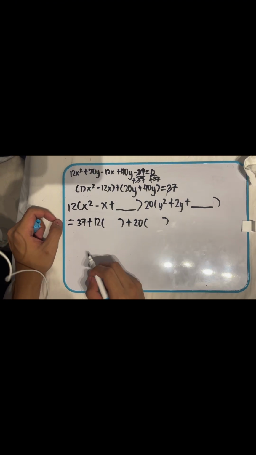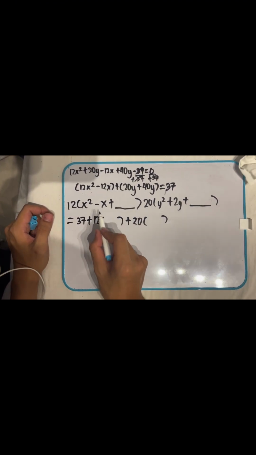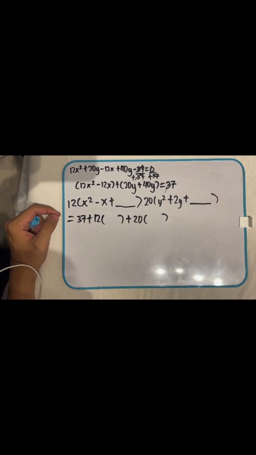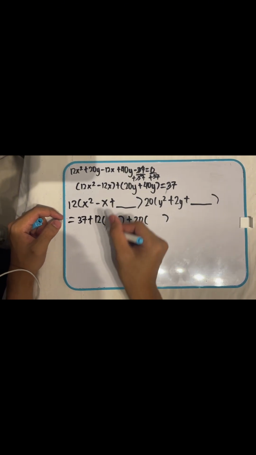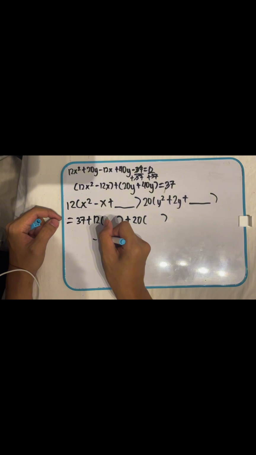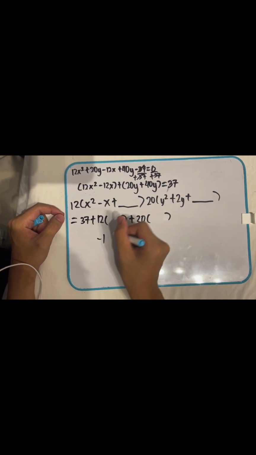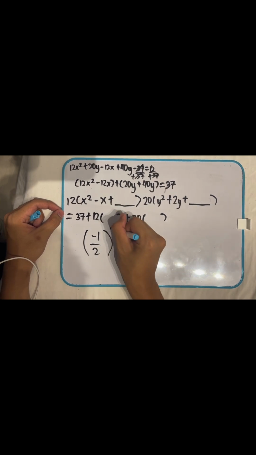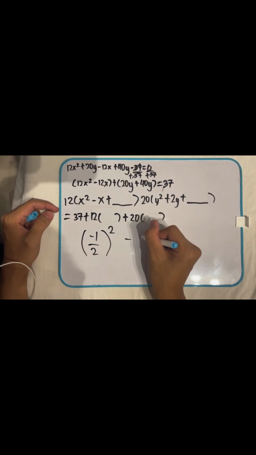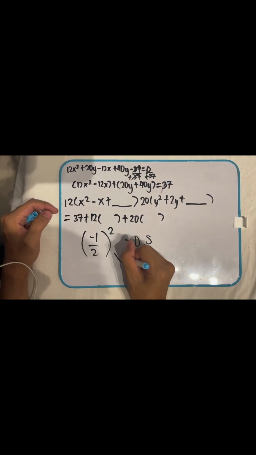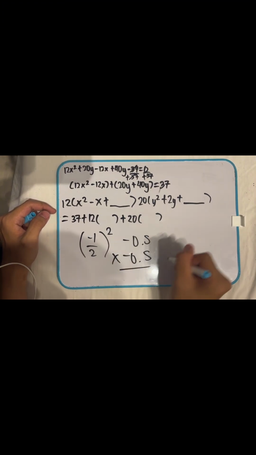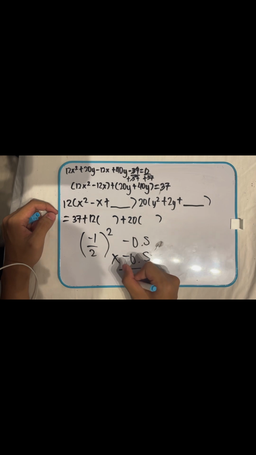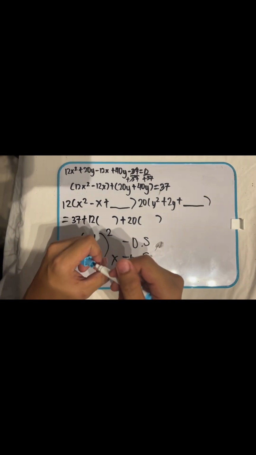So the value of this middle number is gonna be brought down, which is -1. We're gonna divide this value by 2, then square it. So -1 divided by 2 is -0.5, squared is 0.25.